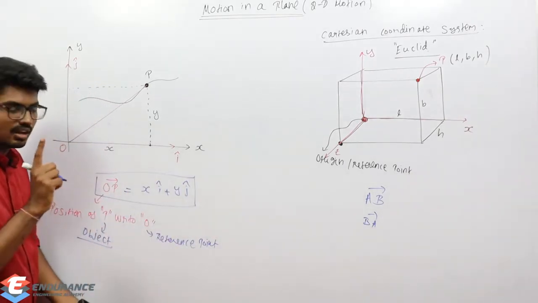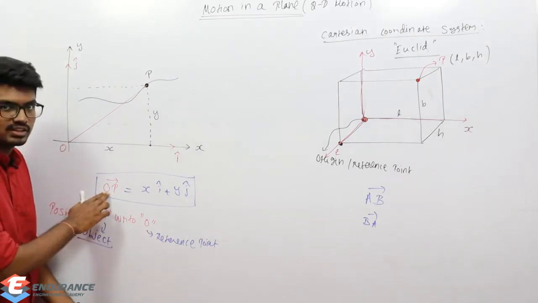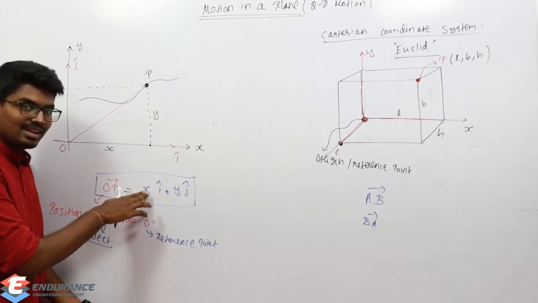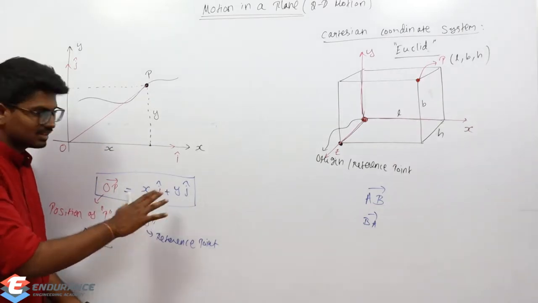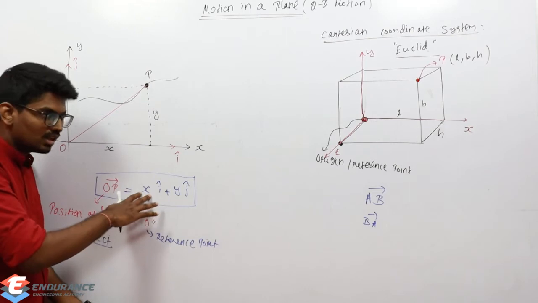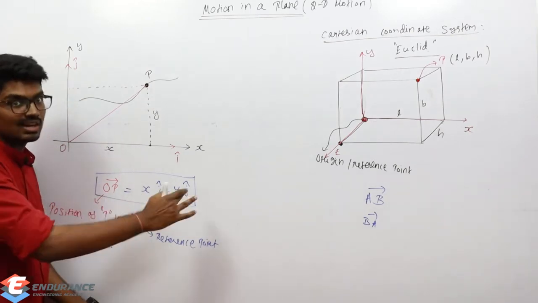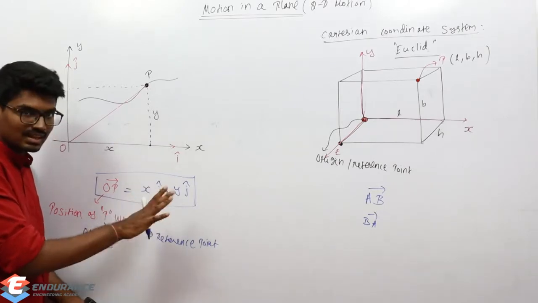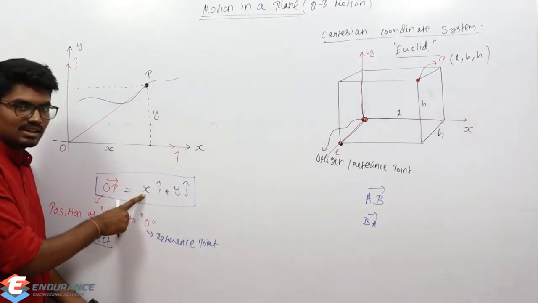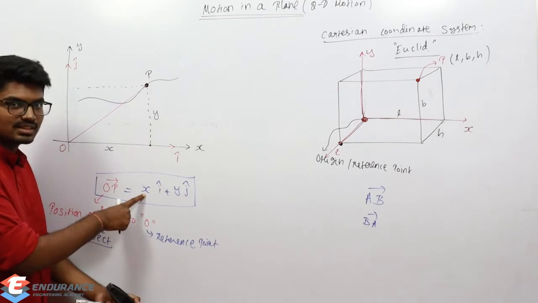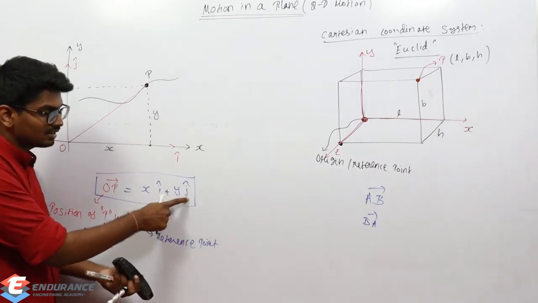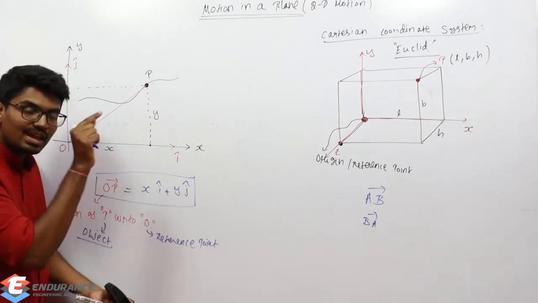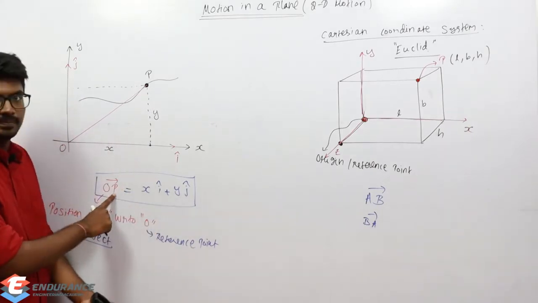From the reference point, that is from the origin, if you travel x in the x-axis, this represents the magnitude, how much you need to travel in the x-axis, and this represents the direction. So i represents the x direction, so in the x direction you travel x distance, and j cap represents the y direction, you travel y distance, and you will end up reaching P.